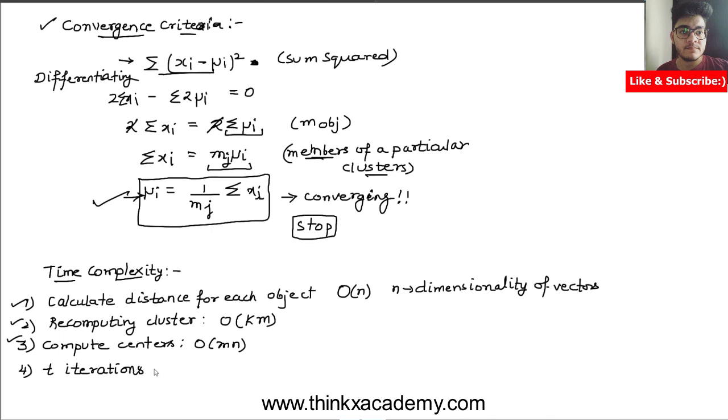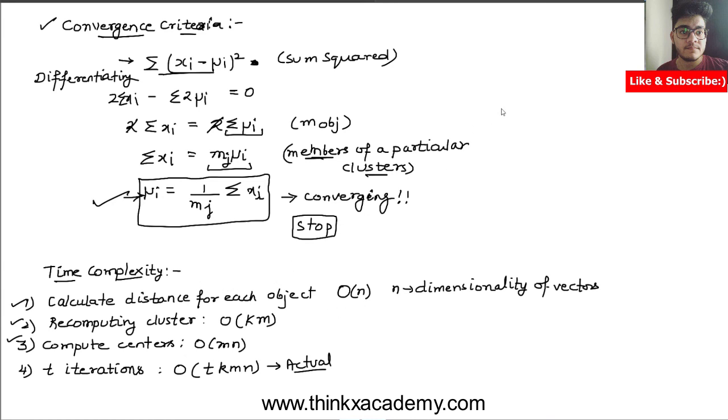So after t iterations we can actually come up with t, k, m, n time complexity. So this is going to be the actual time complexity that the k-means algorithm will take to compute the clusters or the partitions given the m objects. Alright, so we have covered the time complexity now.